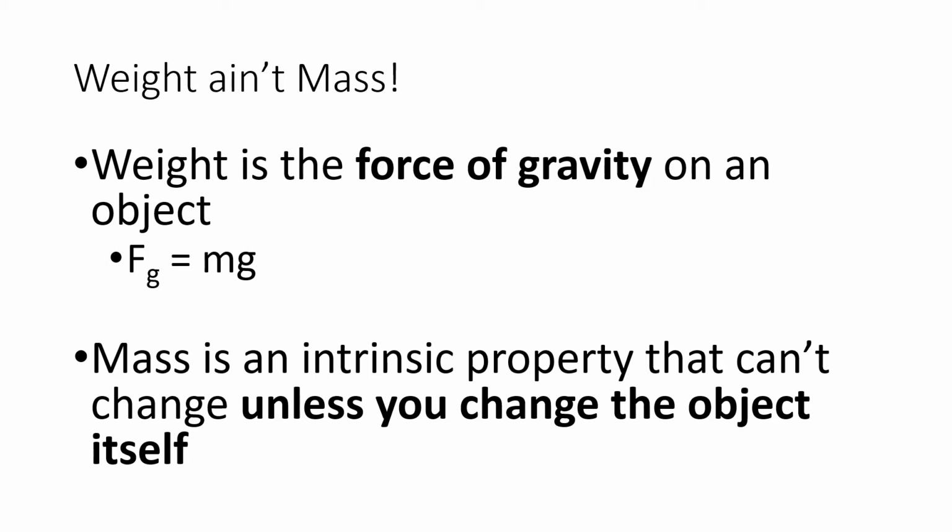Another thing to keep in mind is that in physics, we use words very specifically and very precisely. For example, we've already seen that velocity and speed are similar to each other, they're related to each other, but they're not quite the same.